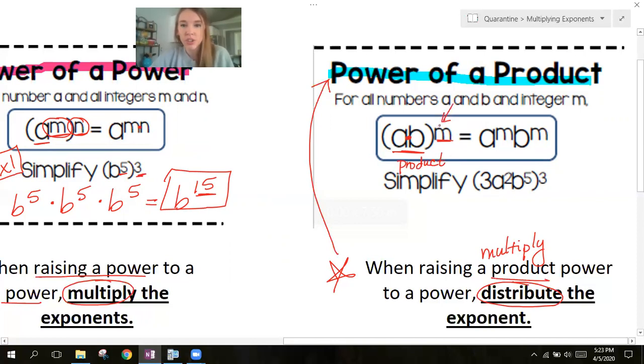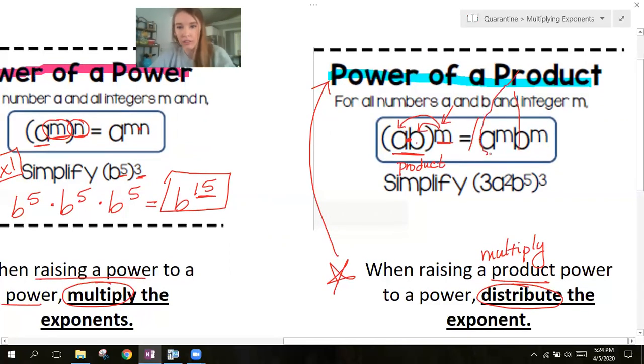You have to make sure that you distribute that exponent to everything inside the parentheses before you can simplify it. Okay, so what they did was they did a to the m power times b to the m power, and you can see that over here.